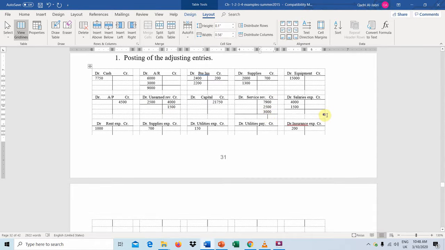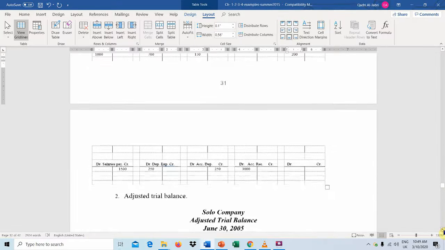This one we just add all of them together, so we have 7,900 plus 2,500 plus 3,000, a total of 13,400. With regard to salaries, we have a total of 5,500. And the rent, its balance is 1,000. This is a balance. So now we found the balances for all accounts so far.